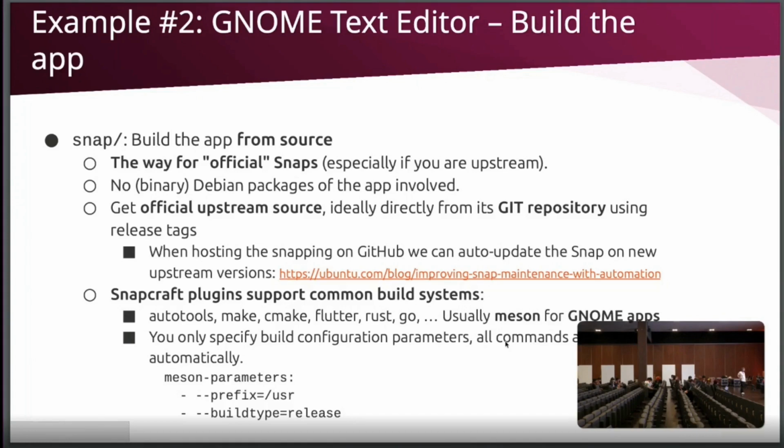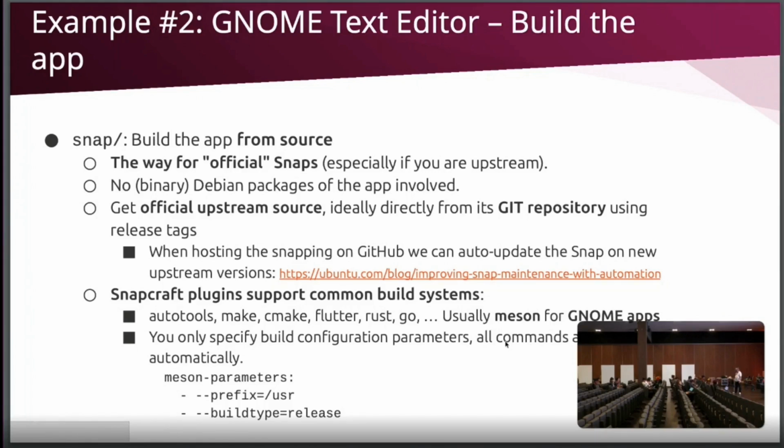And we use a Snapcraft plugin now to initiate the actual build from the source. As we have a GNOME application, the GNOME standard for build methods is Meson. Therefore we have to use the Meson plugin, and we have to pass parameters to the Meson build command. The parameters for our use are prefix is /usr, and build type is release.